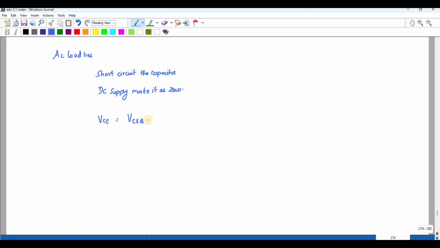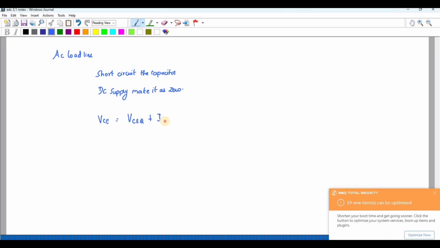That is nothing but VCEQ plus ICQ into RAC. Okay, this is a formula. So IC is nothing but ICQ plus VCEQ divided by RAC. Okay, so what is RAC?